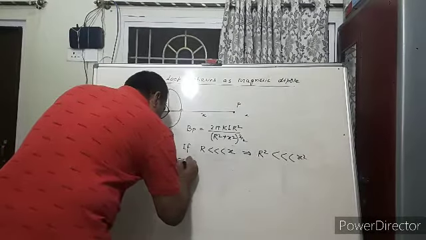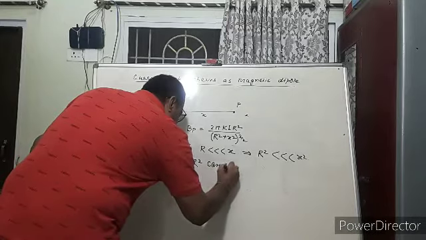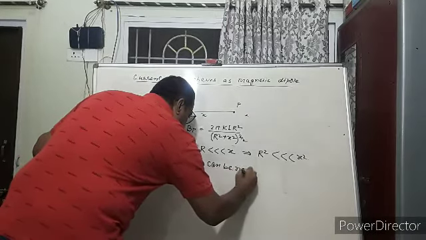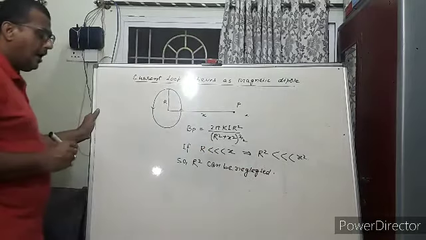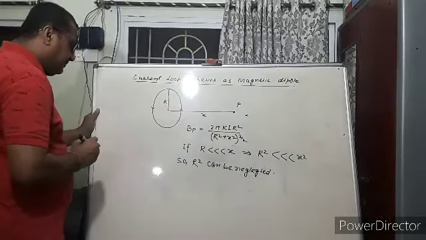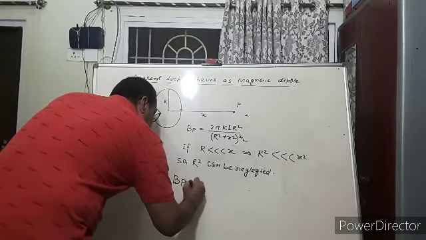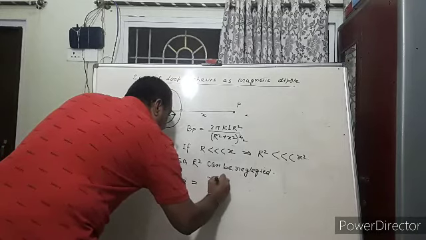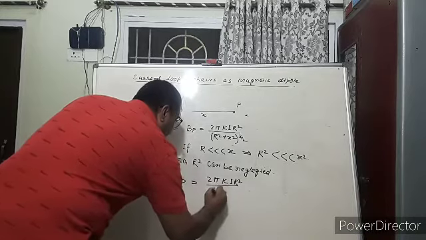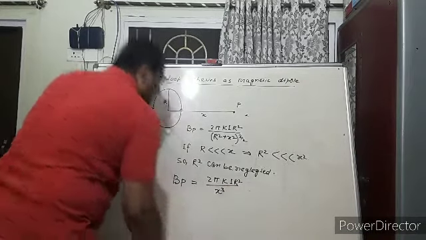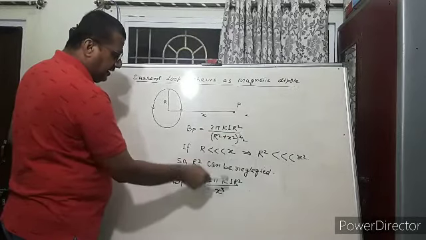Then the magnetic field at point P is equal to 2 pi k I r square divided by x cube.